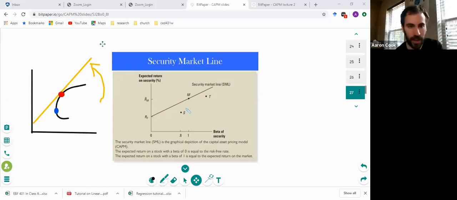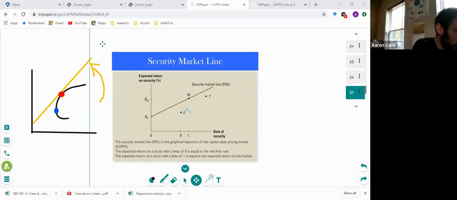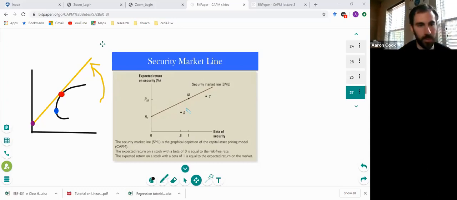That red portfolio is the one that's maximizing the Sharpe ratio. If we combine that red portfolio with the risk-free rate, which is down here, this purple dot represents the risk-free asset. Combining the purple and the red, we could always achieve anything on the yellow line.